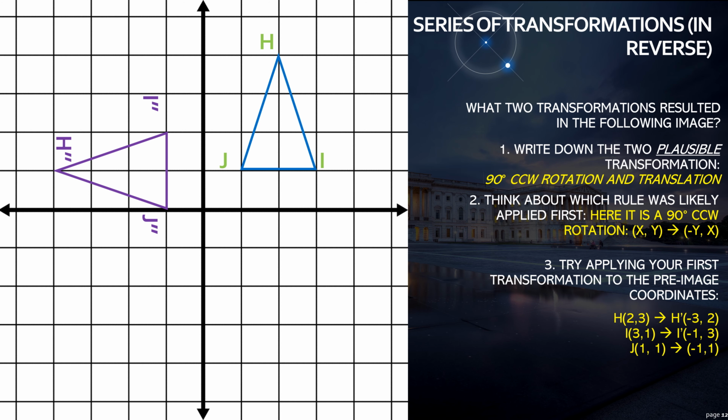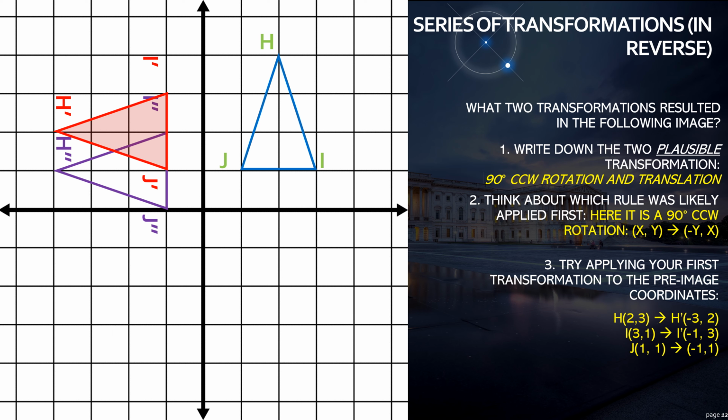So what I did right here was I took my pre-image coordinates and then I applied the first transformation, which was a 90-degree counterclockwise rotation. So I'm going to go ahead and plot that right there. So it looks like I'm on the right track.